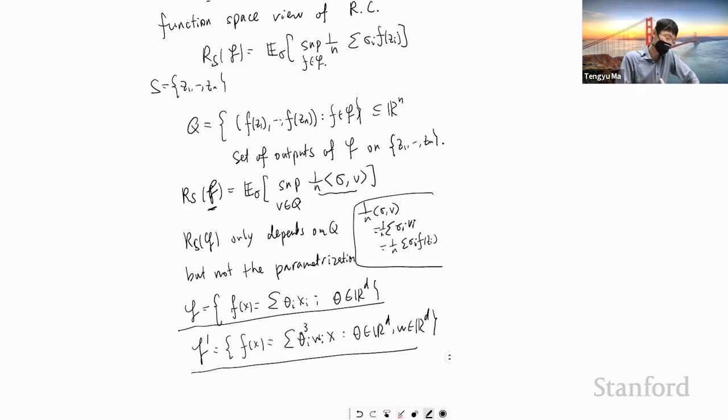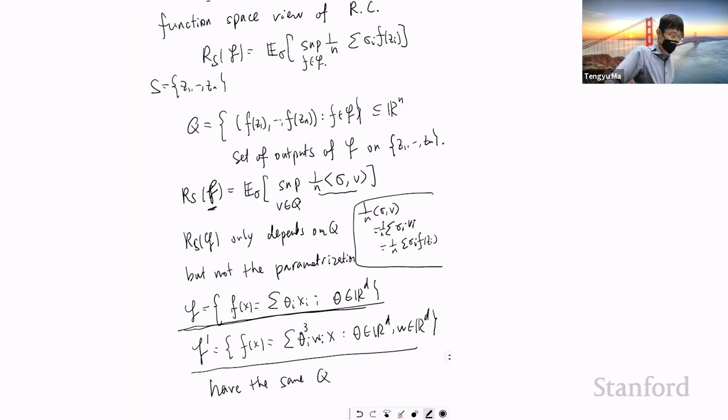But these two function classes have the same corresponding Q, because the families of outputs are the same. In some sense, you can have a one-to-one map between a function in capital F and a function in capital F prime, because for every possible output of a function in F, you can also find one that can be output by some function in F prime.